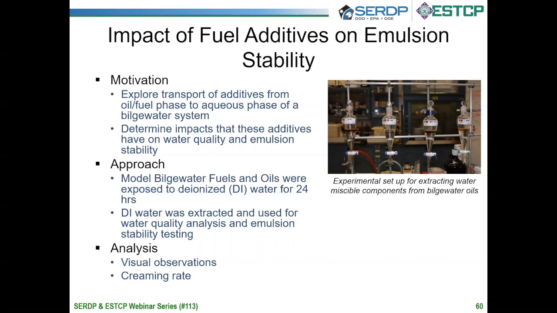We did that by putting a layer of bilgewater, or the NSBM number 4, on top of deionized water, and then let it rest for 24 hours and then extract it off the DI water to see how well that DI water, when mixed with a pure NSBM and its components, actually emulsified the system.